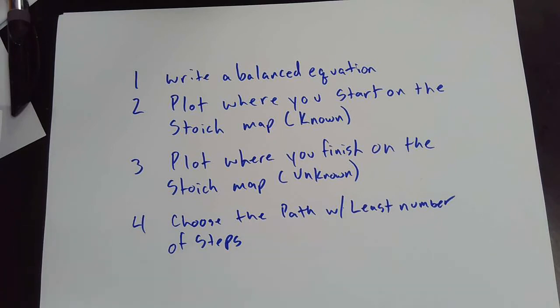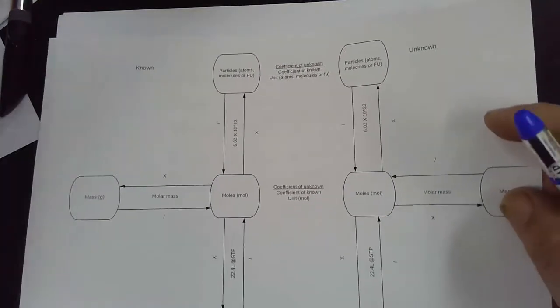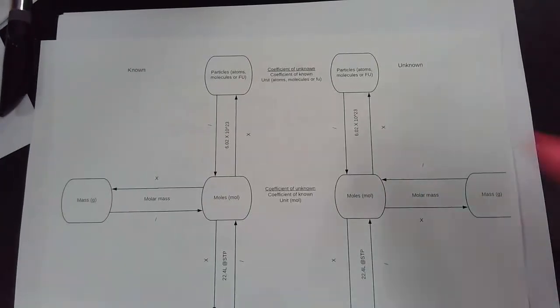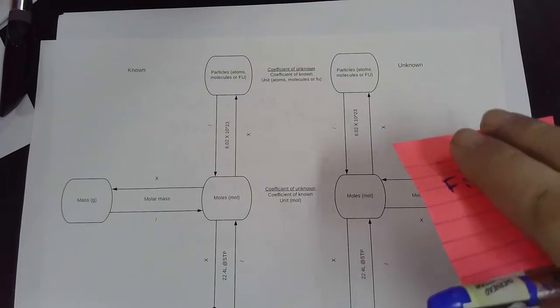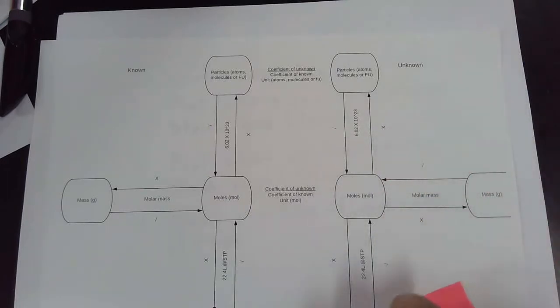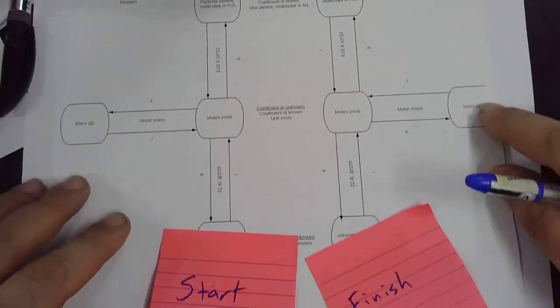A lot of them will make you go to moles and then cross over. But when you look at your mole island here, if I start here and I end here, if you do it the way they're telling you, let me move this up.